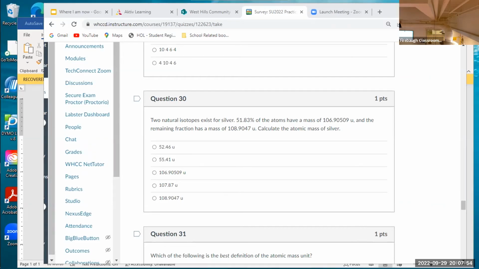So then we have the other one, which is 0.5183. So again, change this into decimal. We multiply that by 106.90509.